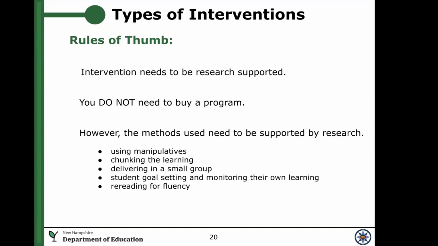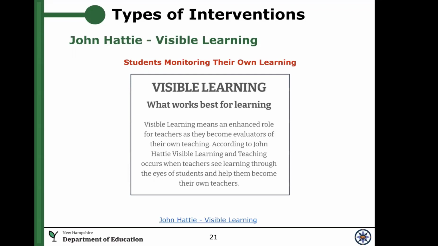So when you're doing interventions, it needs to be supported by some sort of research. John Hattie also has some really great information on what's called visible learning. When it comes to intervention or any type of learning in a classroom, having students monitor and understand their own learning is really crucial.